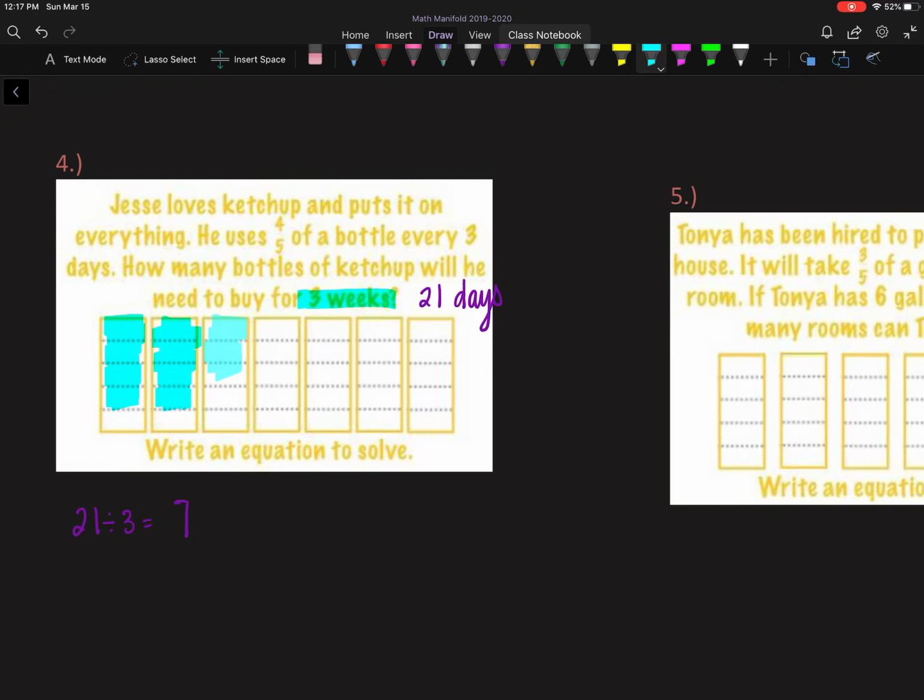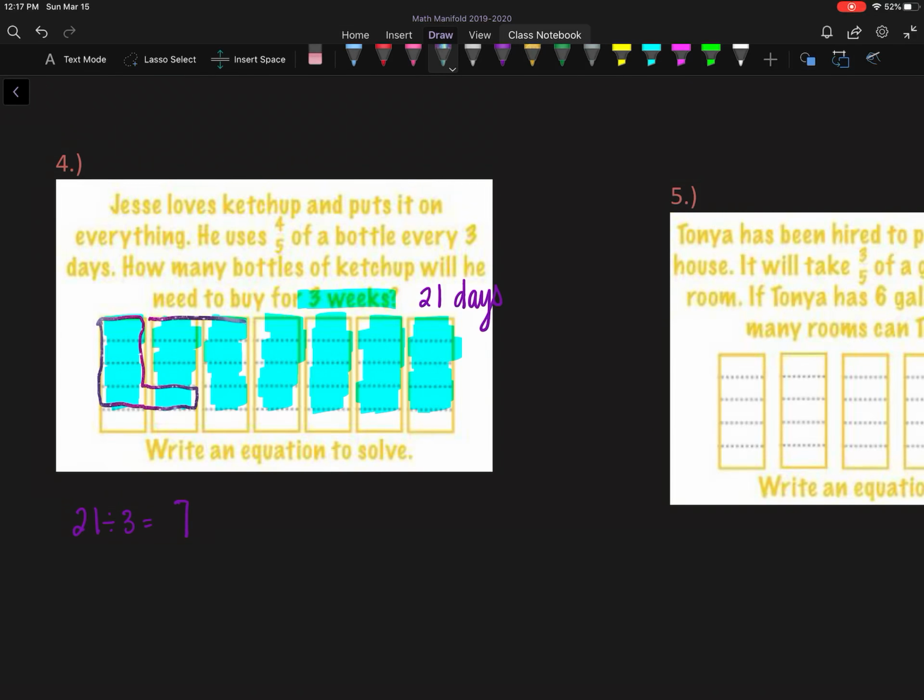So I'm going to keep going, just showing 4/5. And then I want to group them so I can count and see how many actual bottles he's going to need. So if this would be our 4 here, and then I'm just going to add, so now I've got 1 whole.